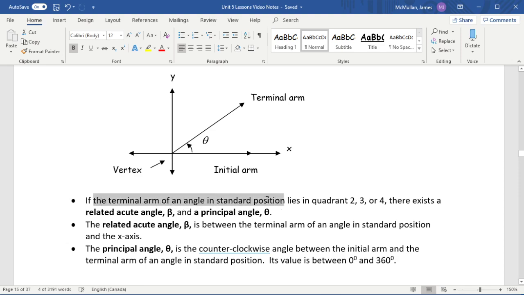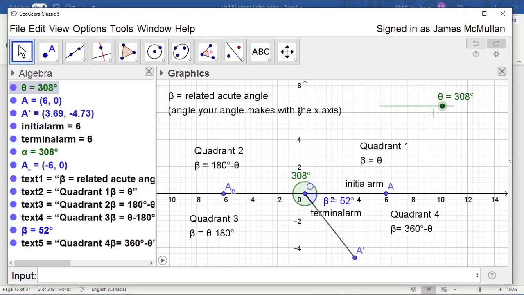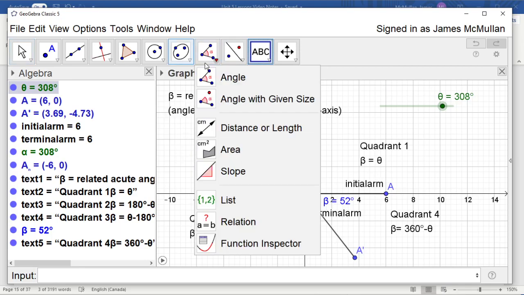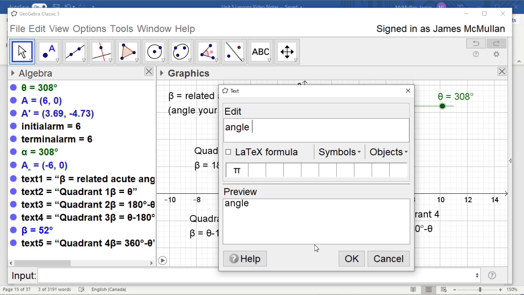So if the terminal arm is in quadrant 2, 3, or 4, there exists a related acute angle beta and a principal angle theta. We just went through that. The related acute angle is between the terminal arm and the x-axis. You're always making it with the x-axis. Did you notice I was never interested in the angle with the y-axis?